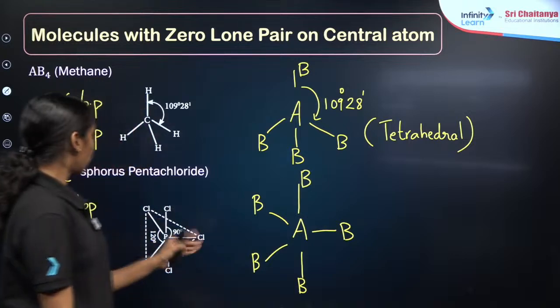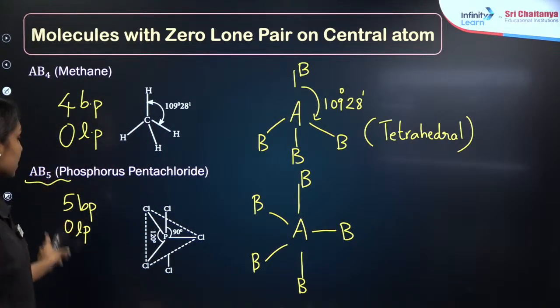Okay, this will be the shape of this particular molecule having 5 bond pairs and 0 lone pair.